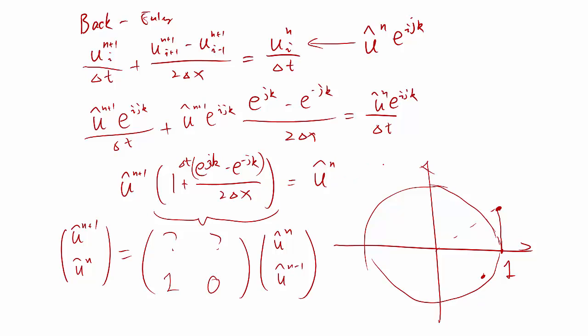What if you have 4 consecutive u hats? 3 by 3 matrix. If you have 5 consecutive terms, it's a 4 by 4 matrix. And again, look at the eigenvalues. So all the CFL conditions are obtained by analysis like that. Yes?